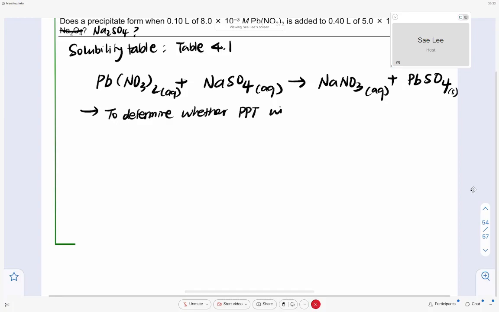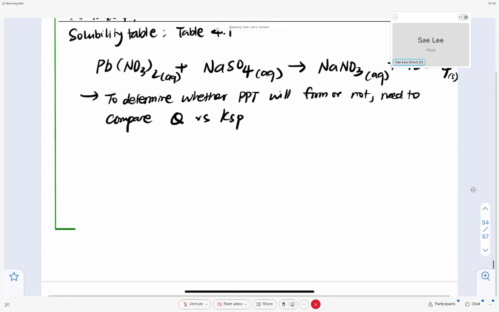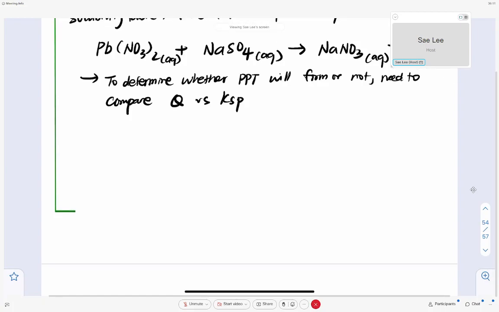Again, the KSP value of lead sulfate is in the back of the book. We know that it's 6.3 times 10 to the negative 7. And let's find the Q value of lead sulfate.